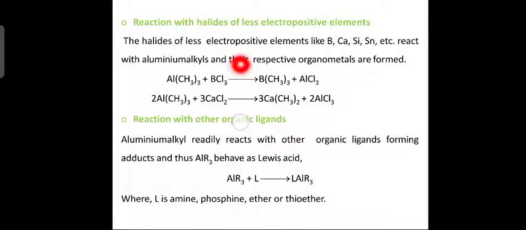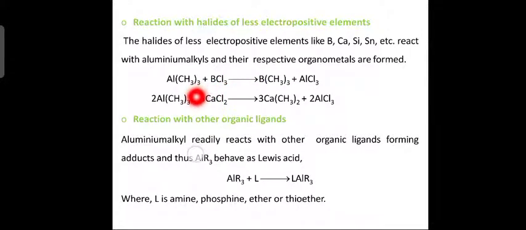Which are the halides of less electropositive elements? Boron, for example, calcium, silicon, tin, etc. These react with the aluminum alkyls and their respective organometals are formed.